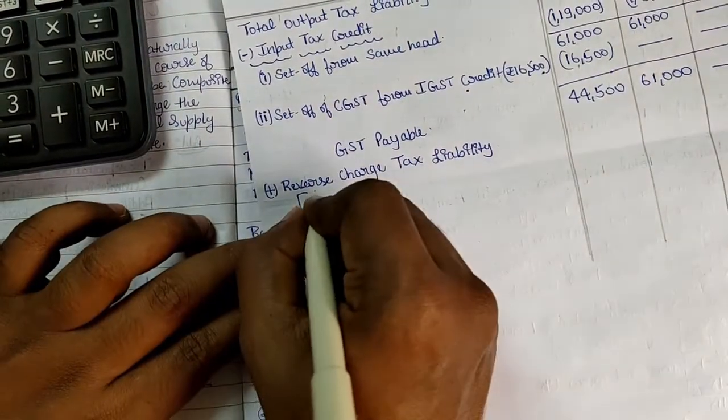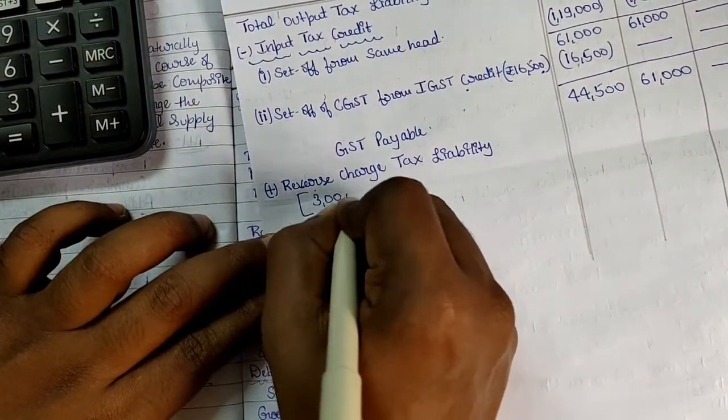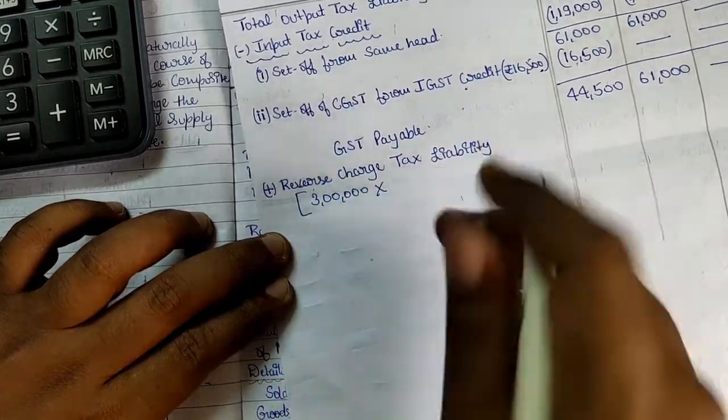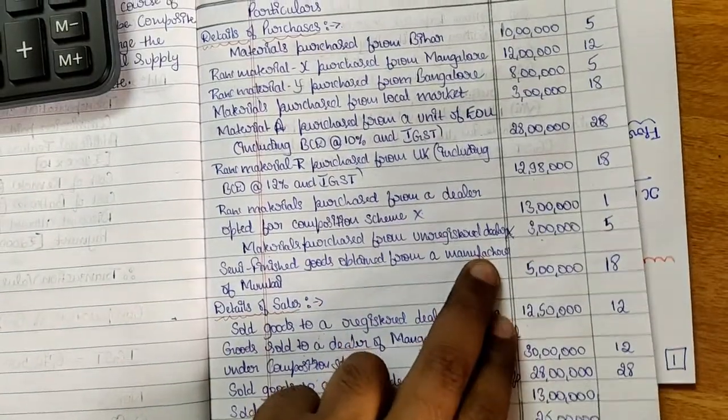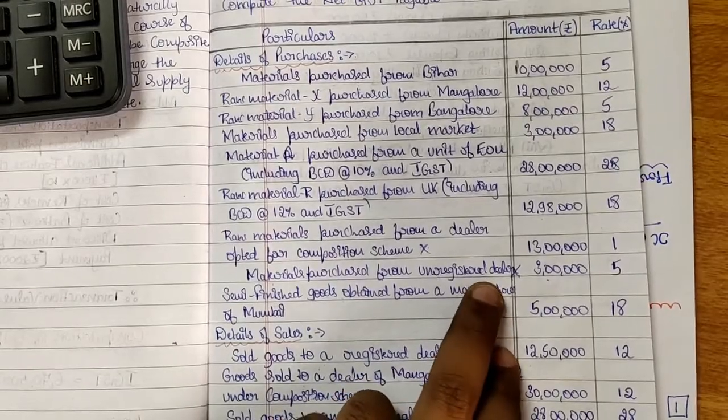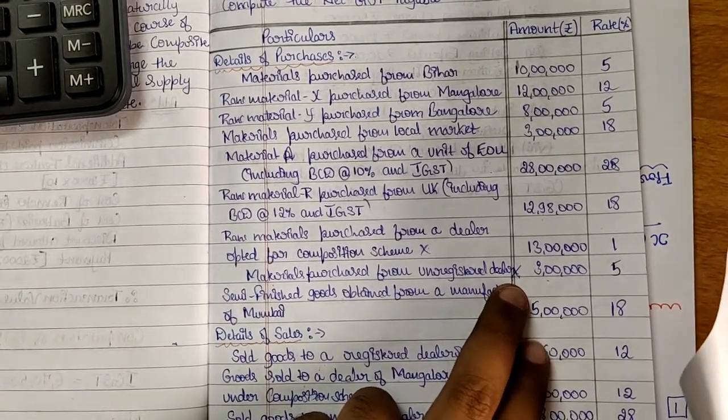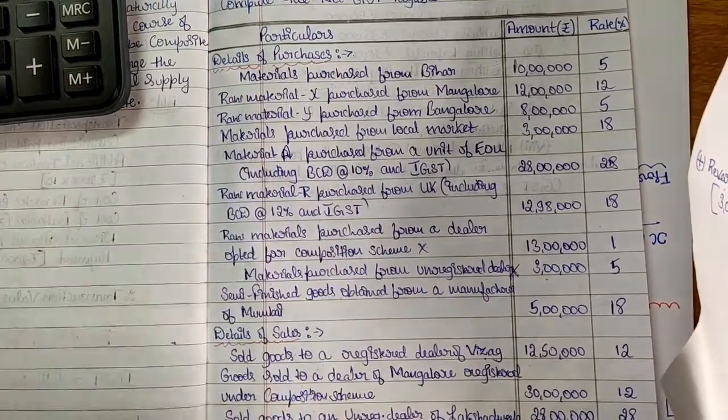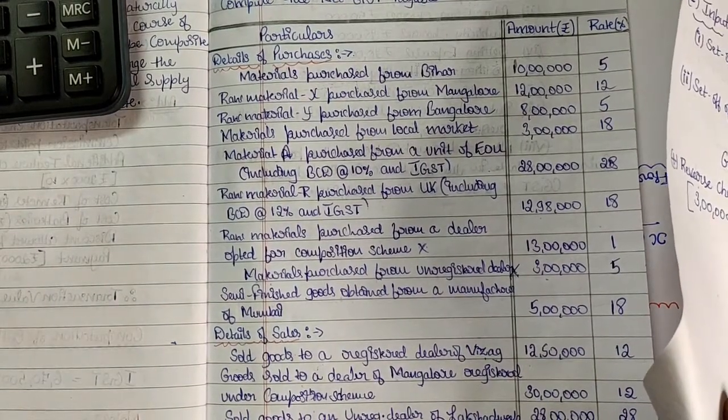So 3 lakh, 5%, they said the rate of GST. So here if you see, no information with respect to the unregistered dealer's place is given, so we cannot decide whether it is interstate or intrastate, right?